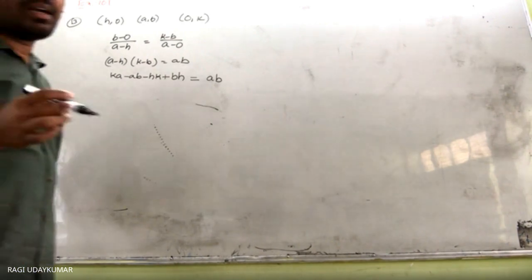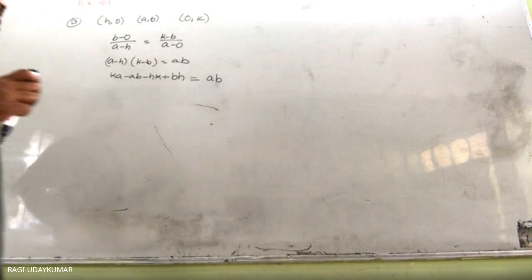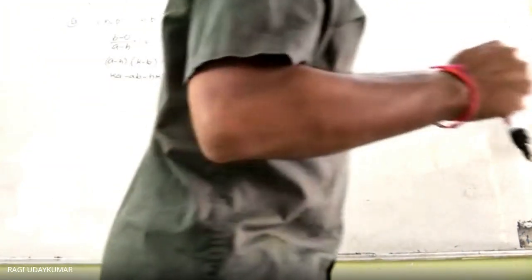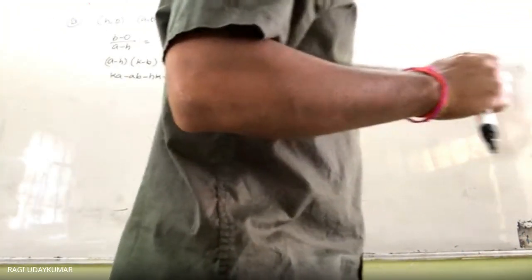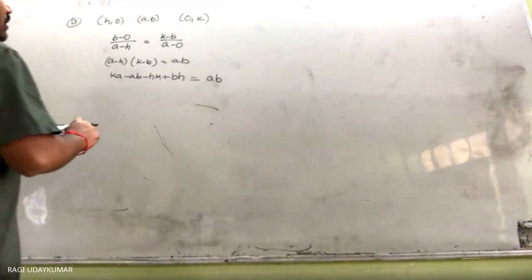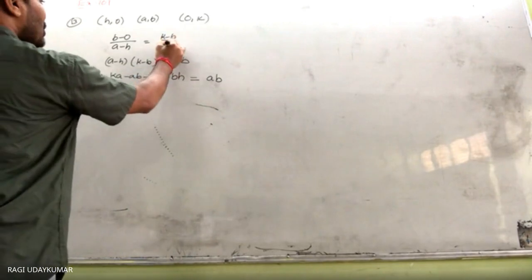Points are given to you as h comma 0. Oh, sorry, 0 minus a.